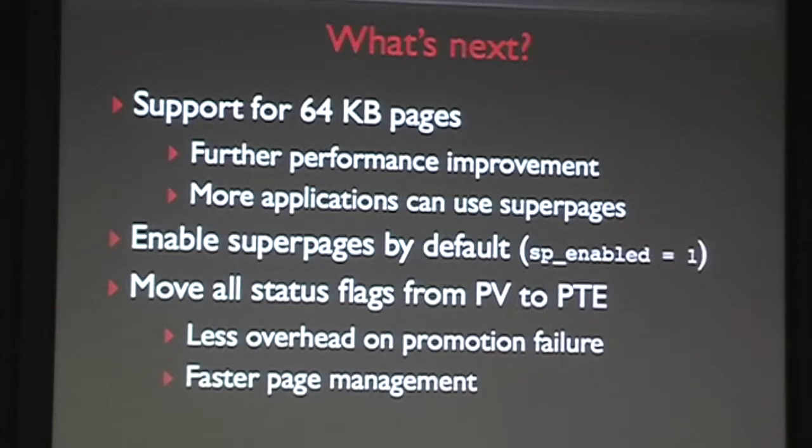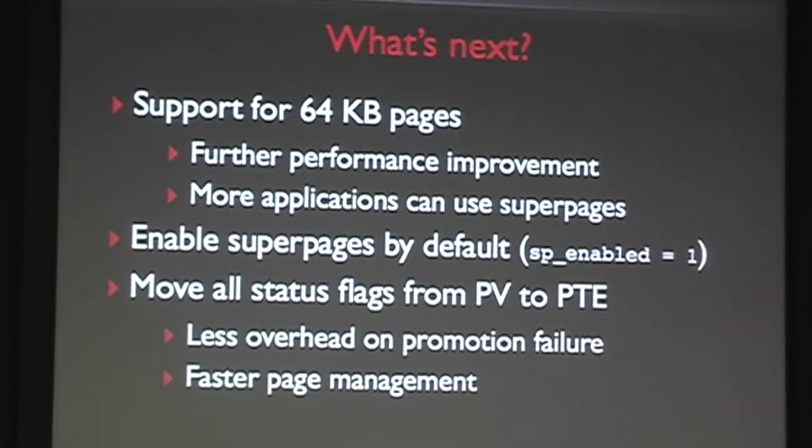And also we would like to move all status flags from PV entries to page table entries, because on ARM we store a wired indication and permission to write in PV entries, and this involves additional searching on a promotion attempt.